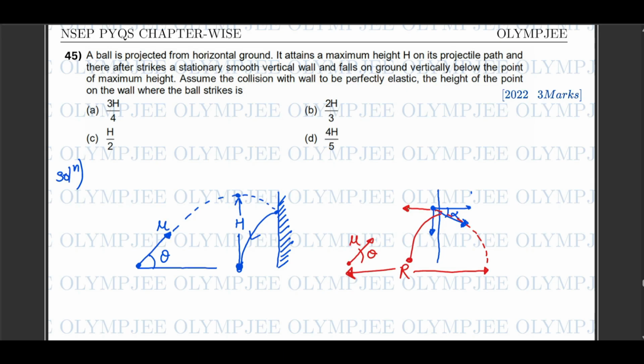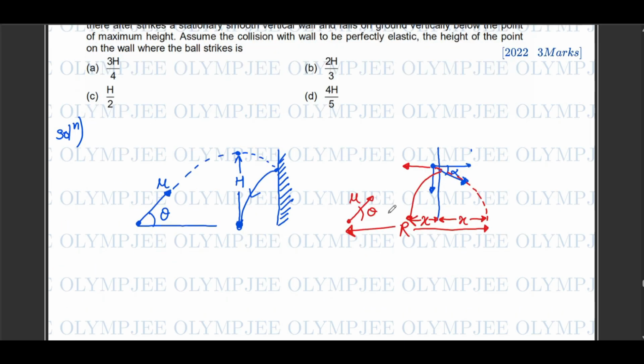And since the horizontal velocity has only changed the direction and vertical velocity is same, we can conclude that this distance and this distance will be same, and this distance was given to be R by 2 because the ball is falling directly below the maximum height and maximum height is at R by 2 distance from starting.